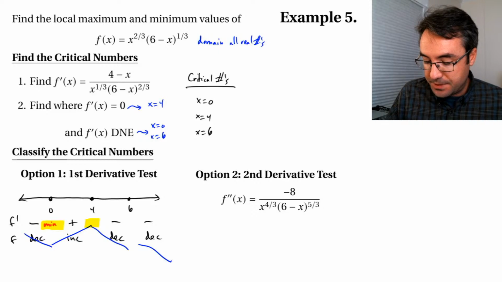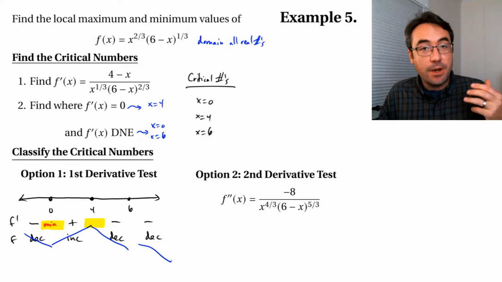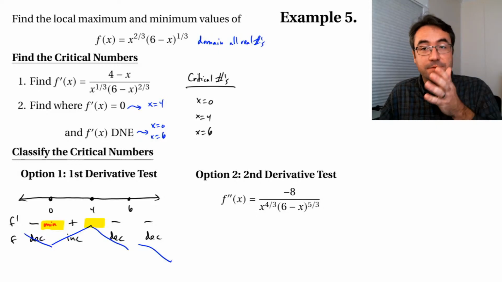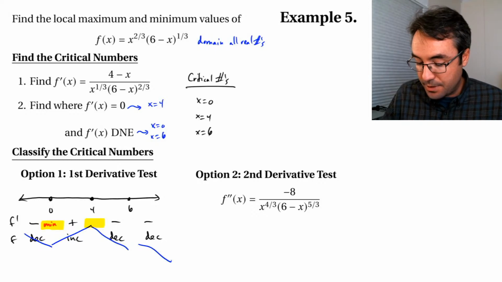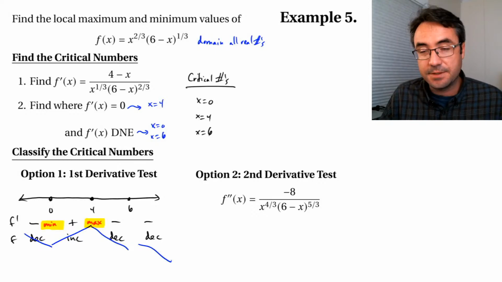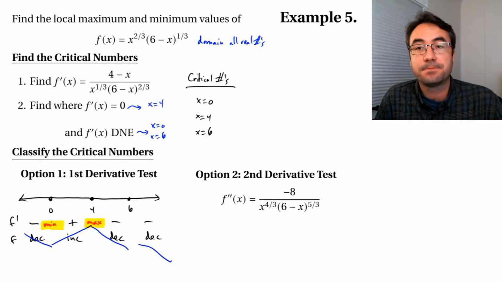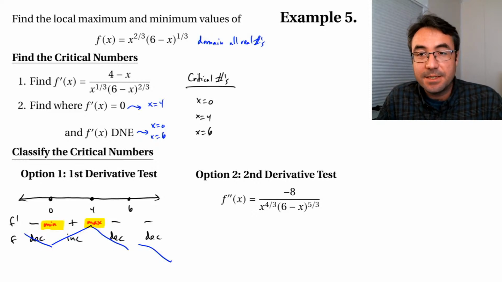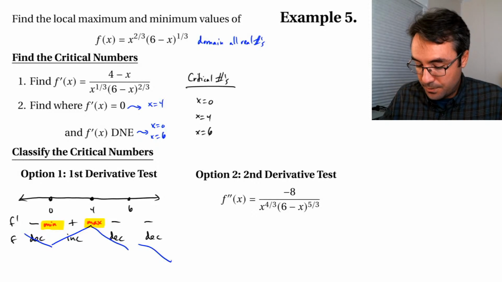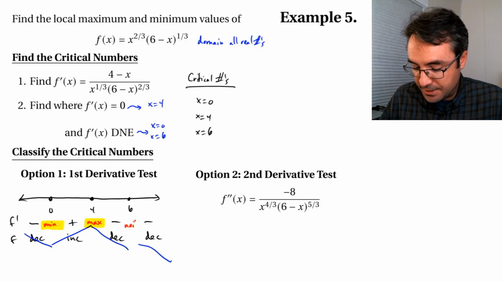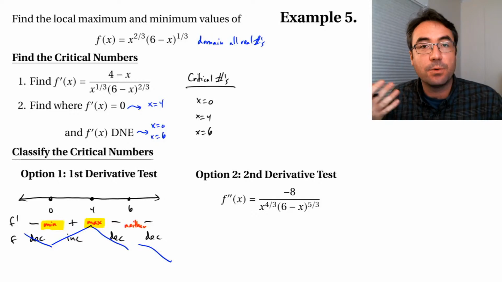Then we see that at x equals 4, we have another change in sign. We go from positive to negative, and if we draw in the rough trend lines there, we see that we have a max. And then at x equals 6, there's no change in sign, so it's neither. It's not a max or a min.